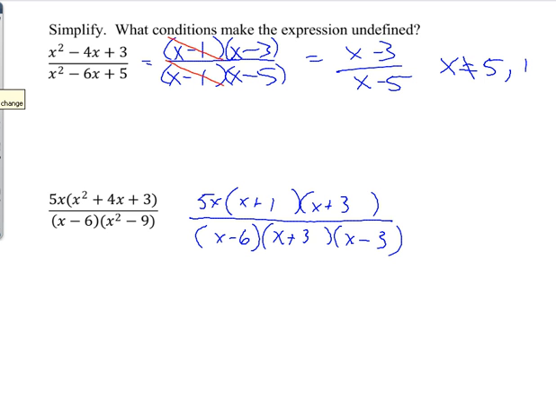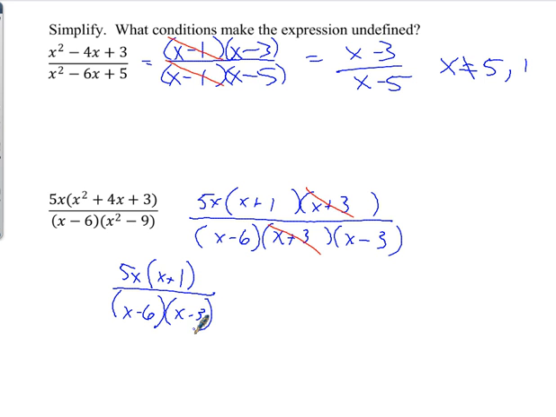All right, x plus 3 is gone. Anything else? That's it. So my answer then, simplified, will be 5x times x plus 1 divided by x minus 6 times x minus 3, and that's it.